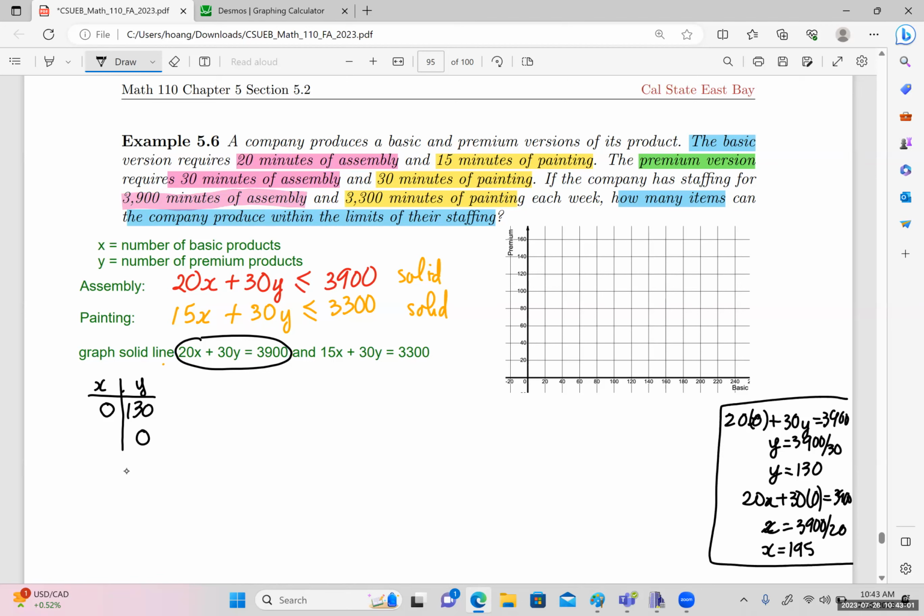So that is for the first line. So we have the points 0, 130 and 195, 0. See, here's 195 over here.